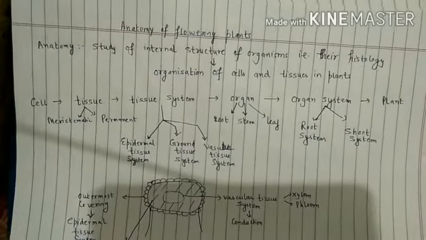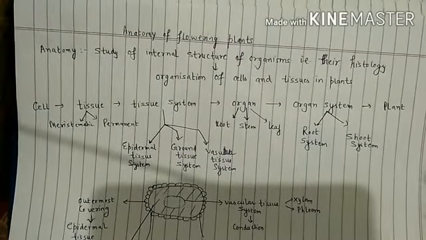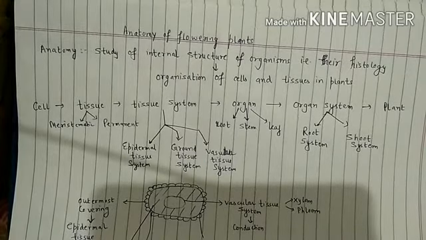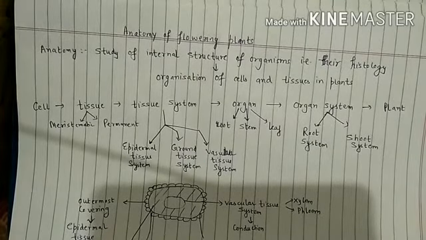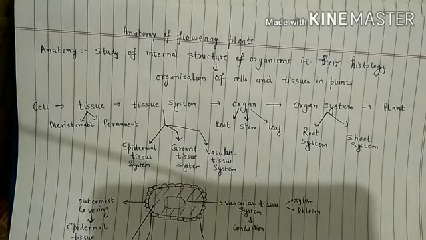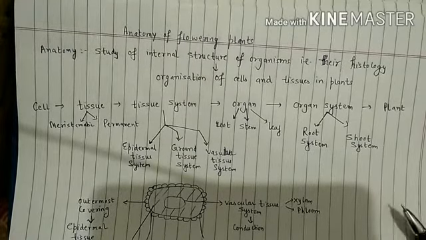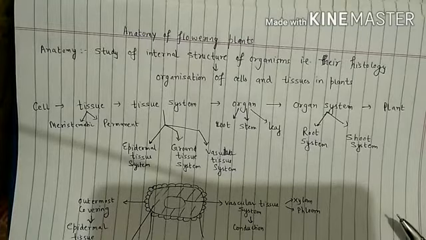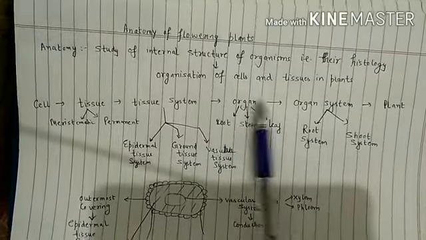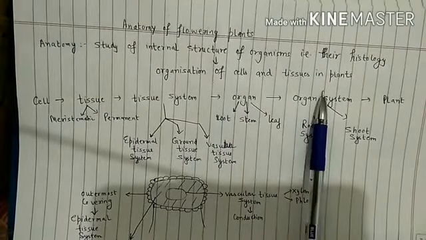First of all, you should know what is anatomy. Anatomy is the internal structure of organisms, that is their histology. The terms anatomy and histology are used interchangeably, and histology means basically the study of tissues. Since here we are dealing with the flowering plants, we will study the organization of cells and tissues in plants.